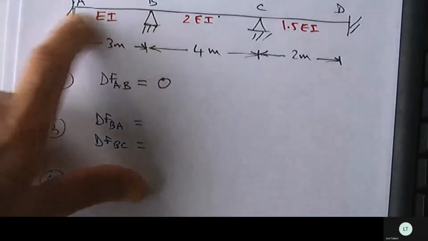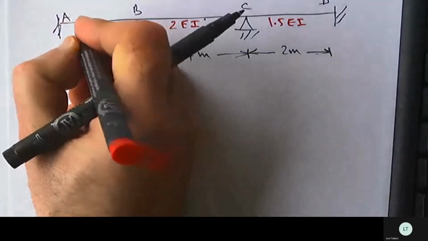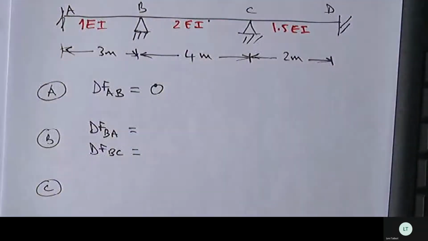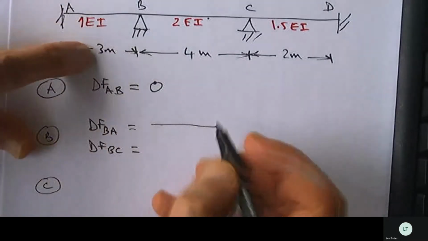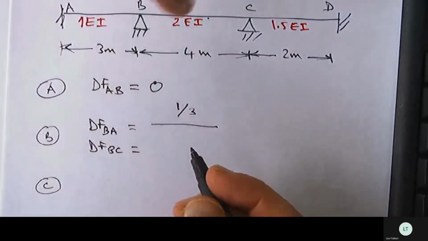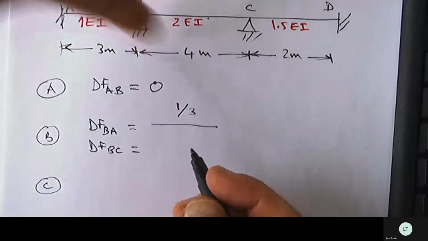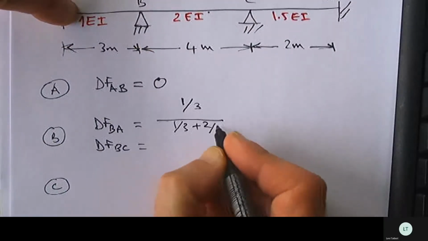For BA, this is like having 1 here, isn't it? So for BA, we have 1 over 3. So I can ignore the EI: 1 over 3 divided by 1 over 3 and 2 over 4.